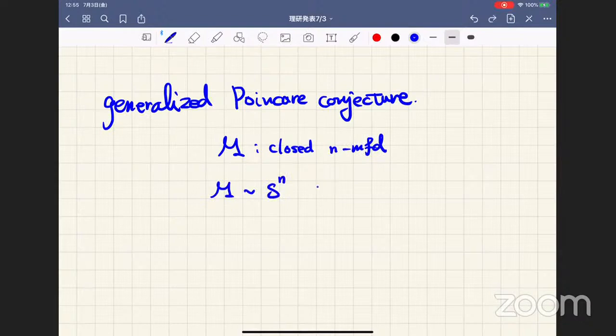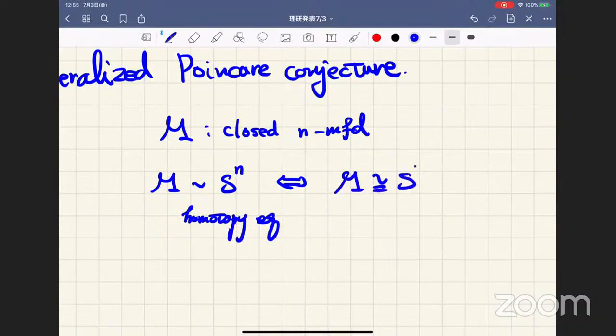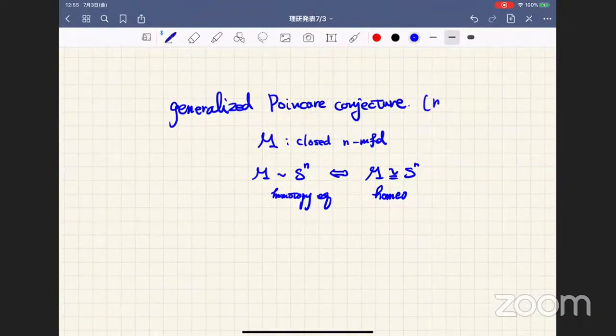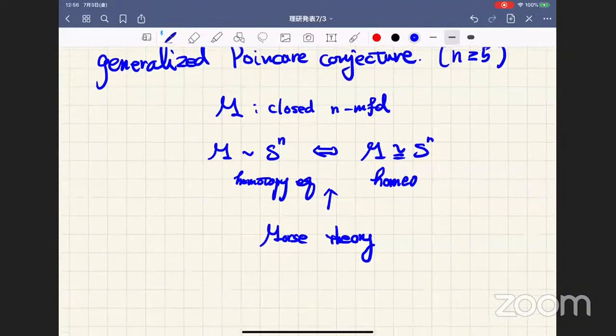M and Sn are homotopy equivalent, and M and Sn are homeomorphic. If n is greater than or equal to 5, by using classical Morse theory for finite-dimensional manifolds, we can prove this result.